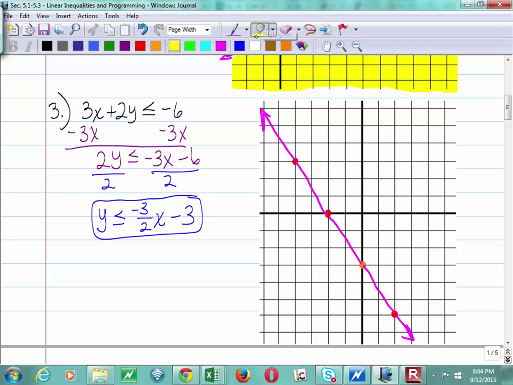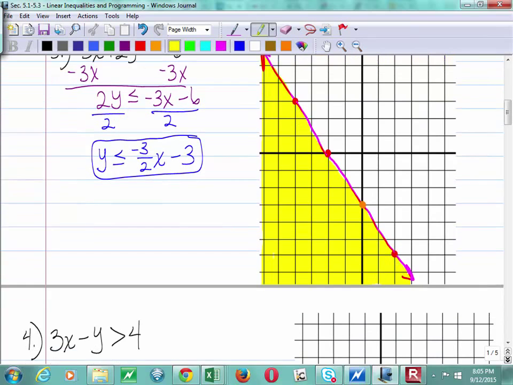And since it's less than, I'm going to shade below the line. Again, that's an unbounded solution.